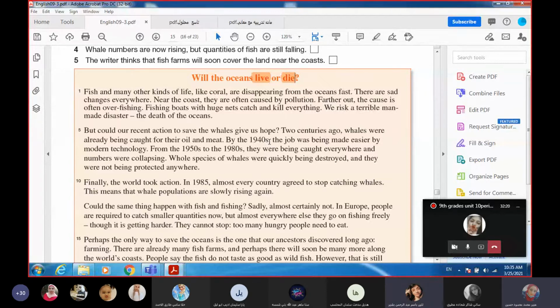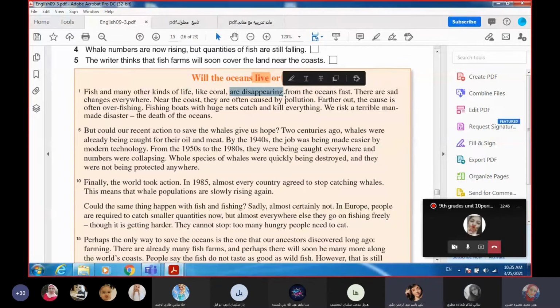In other words? Types, yes. Like what, coral? What do you mean by coral? Do you remember? It's the sea coral. We took coral in sixth grade. Are disappearing. What do you mean by disappearing? It vanishes. Opposite of disappear: appearing. Yes. Are disappearing.